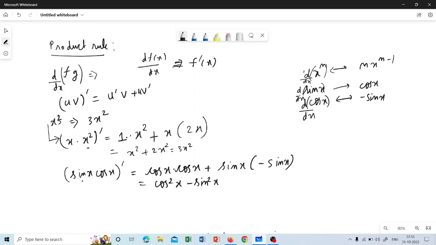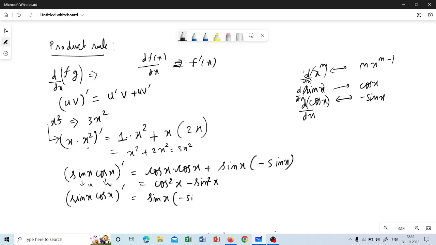So now first I've used this way, and also I can use one more way because I want to show that both are equivalent. First I started by differentiating sine. So sine I have taken as u and this as v. Now if I first differentiate cos x, I will write sine x as it is, and differentiate cos x.